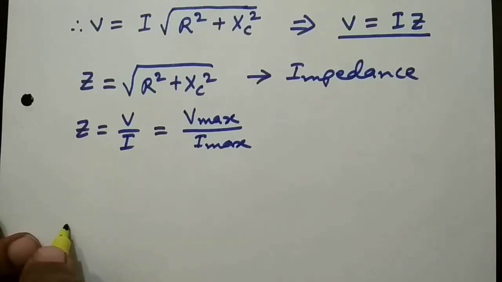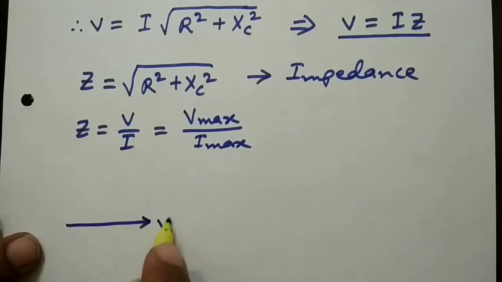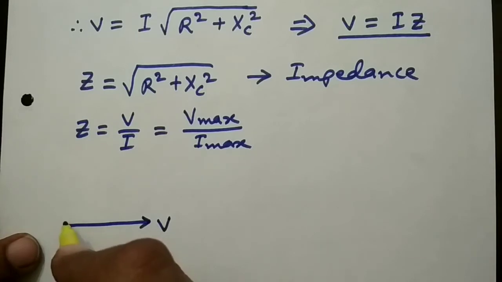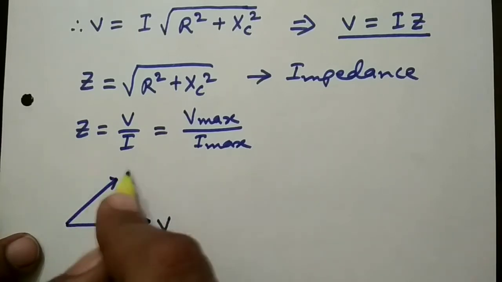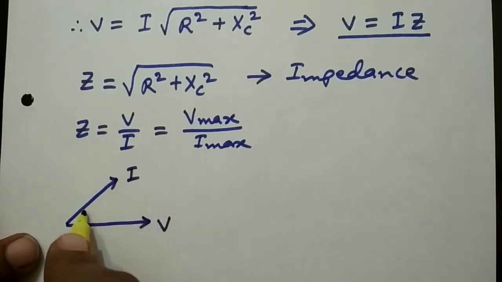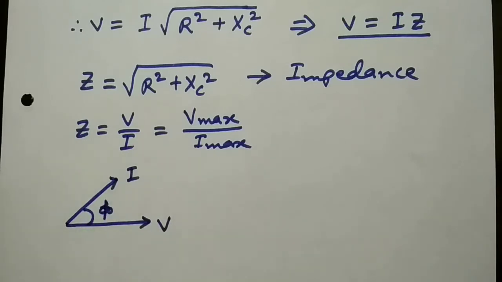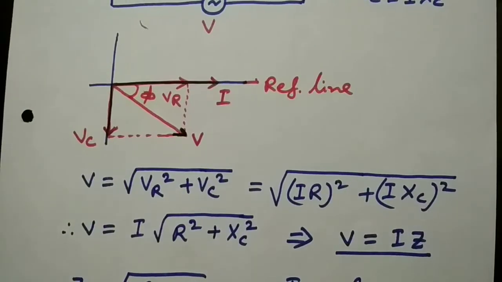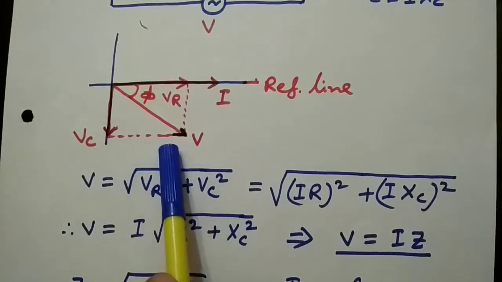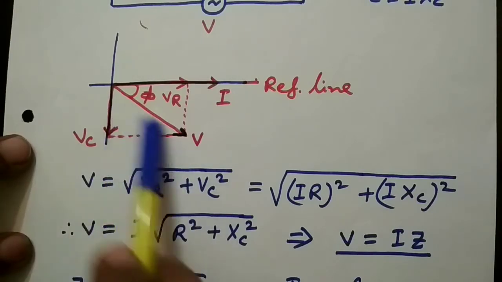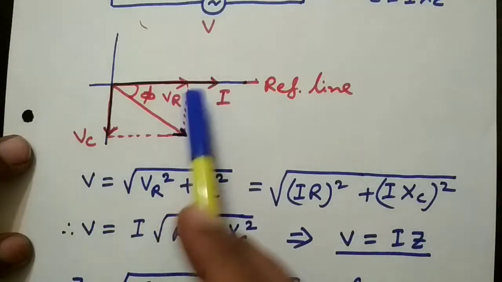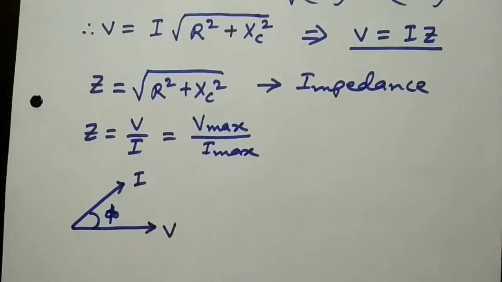It will be V, and the current will be in the first quadrant, and it will lead the voltage by an angle of phi. That we have seen from the phasor diagram we drew initially. If V is the reference line, then I will be in the leading position. So here I have drawn that.